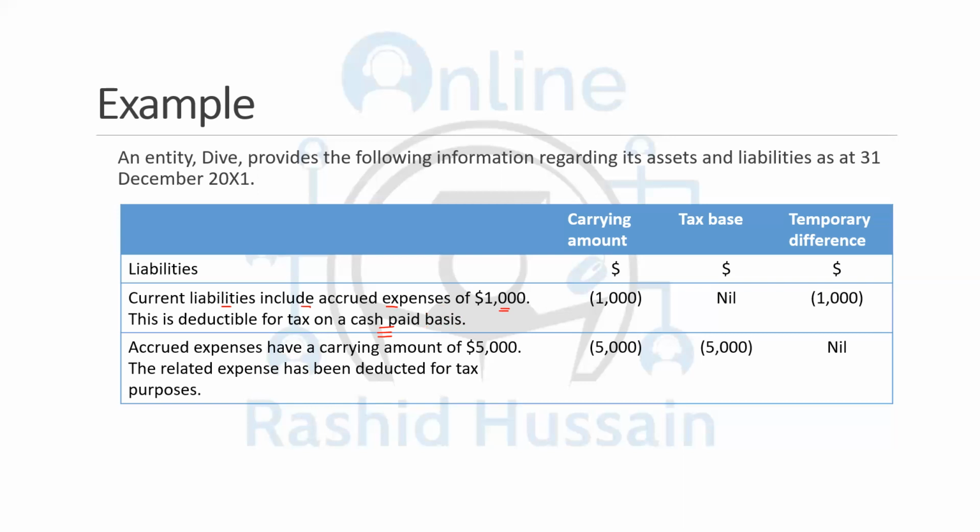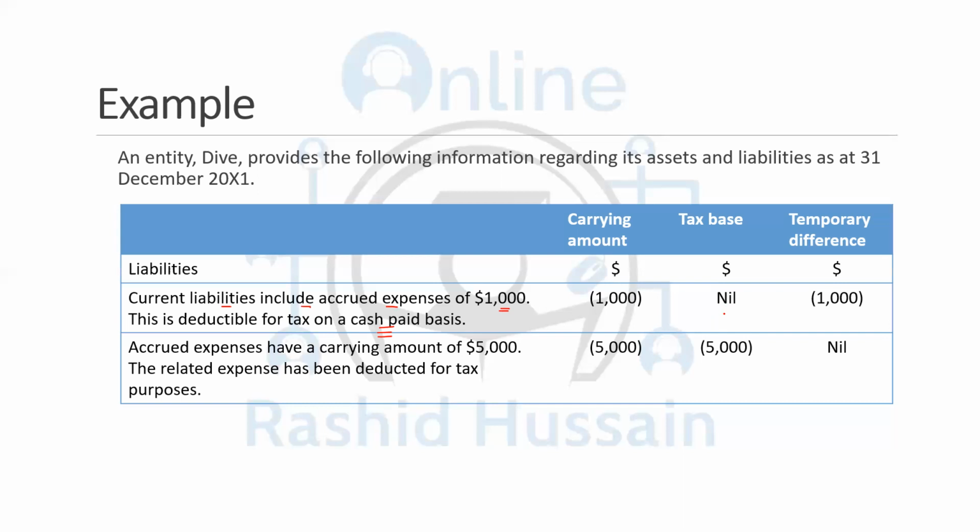But in the future, when that expense will be accepted and you will be deducting it from the profit, you will be paying less tax. So the future consequence is you're paying more tax now. And in the future, when the expense will be accepted, you will be paying less tax because it will be deducted in the future from the profits. The tax department will allow you to deduct it in the future when you pay the expense. So the future tax consequence is that you will be paying less tax. So today it should be recorded as the deferred tax asset.